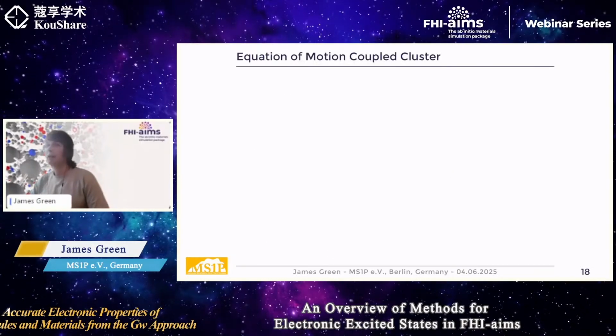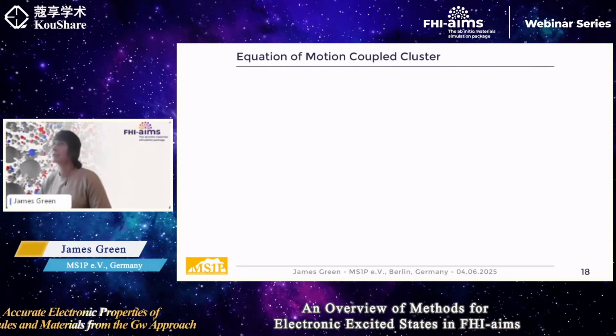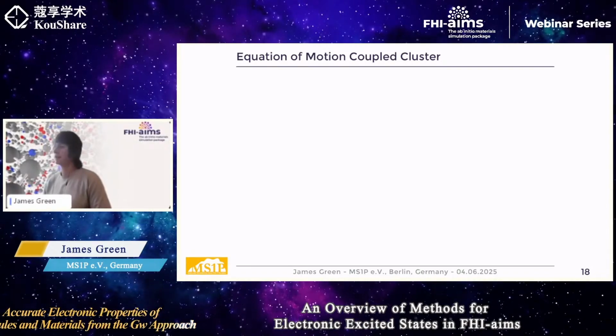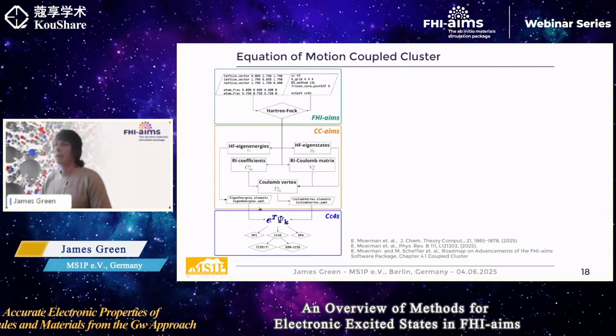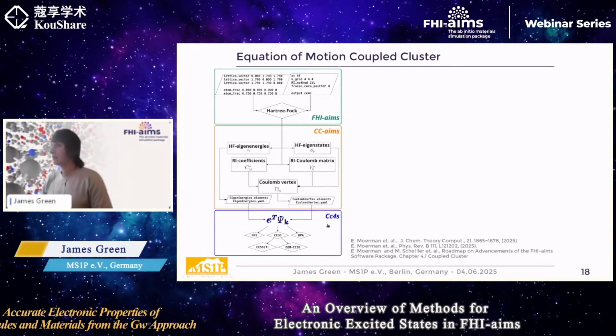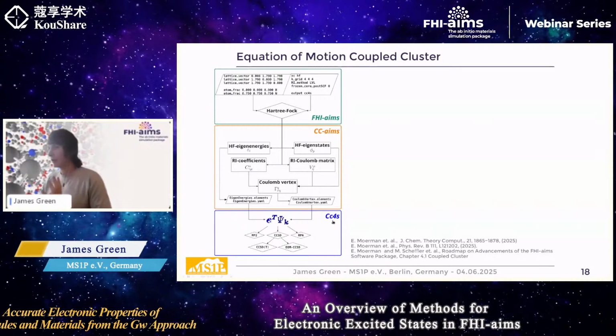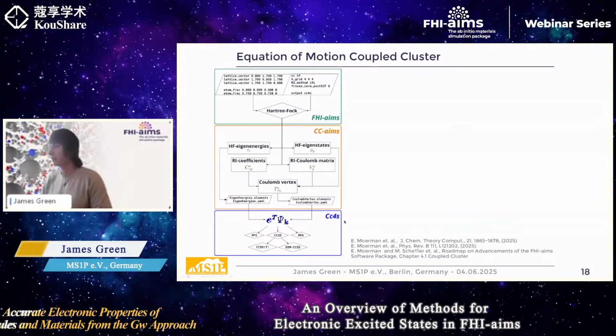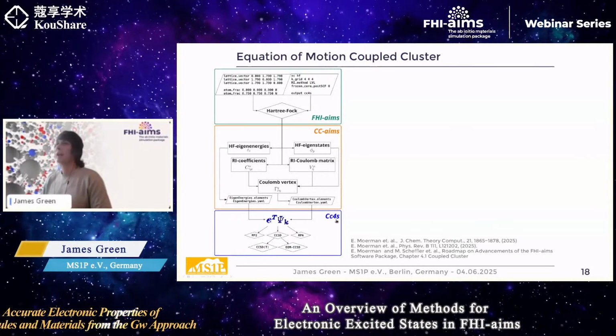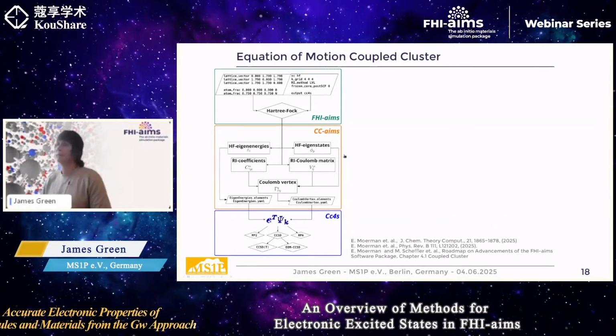And the final method that I just want to briefly mention is the equation of motion coupled cluster. So this interfaces to Andreas Grüneis's code, coupled cluster for solids, CC4S, via an interface, CC-aims.